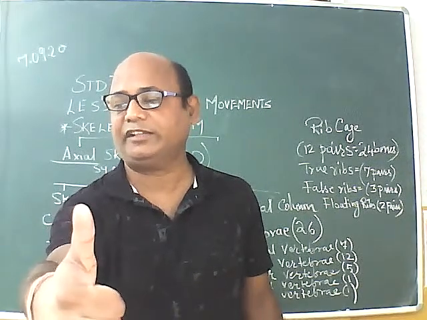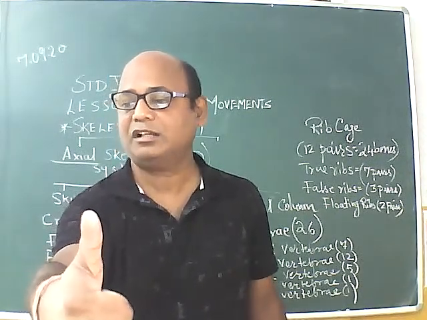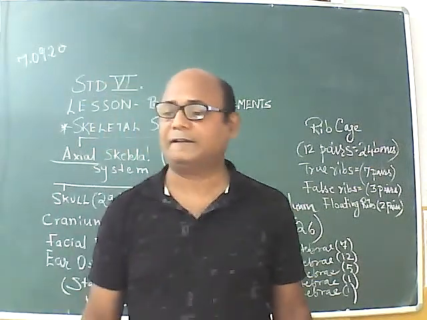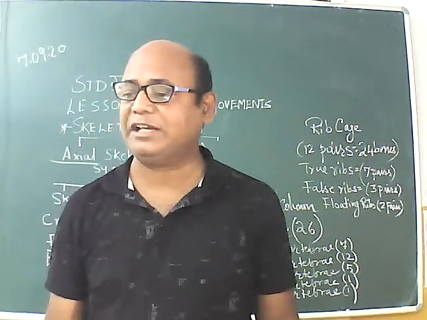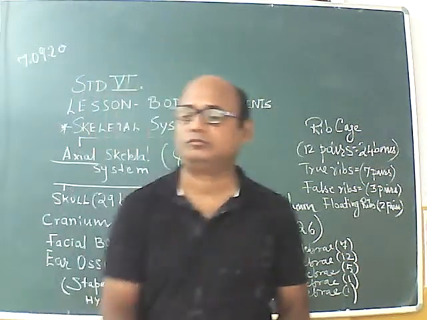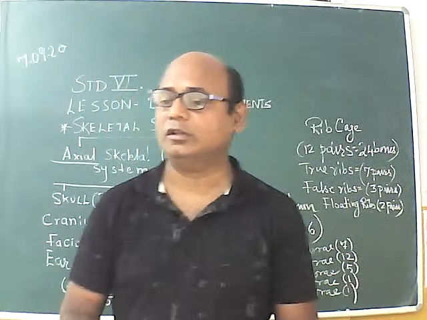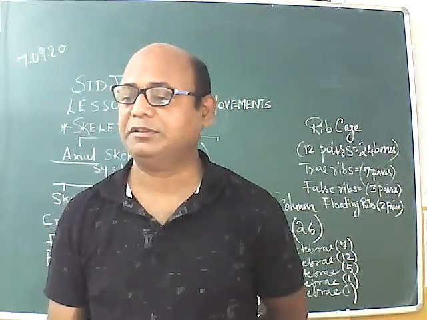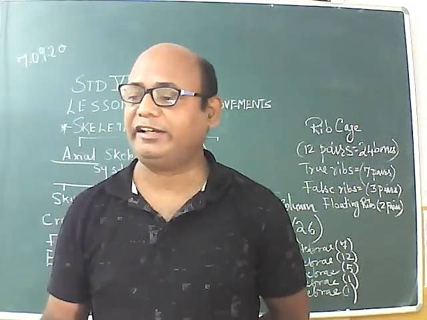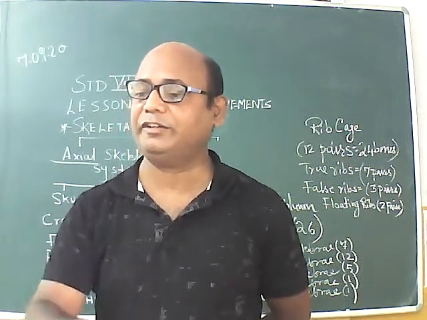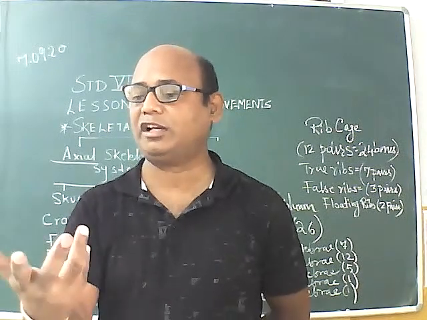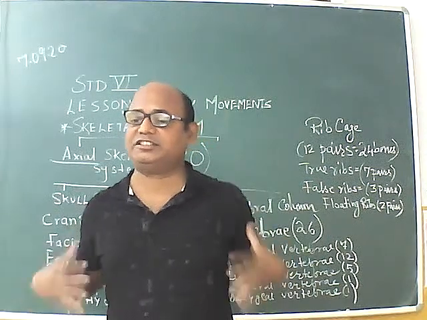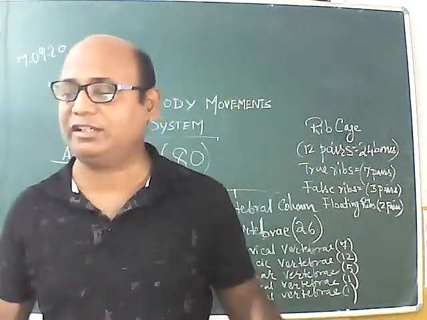Pratishruta gave a correct answer. 206 minus 80: 80, 90, 100, here 20, and then 100, 126. Why are you writing wrong answers? In the appendicular skeletal system, 126 bones should be there.